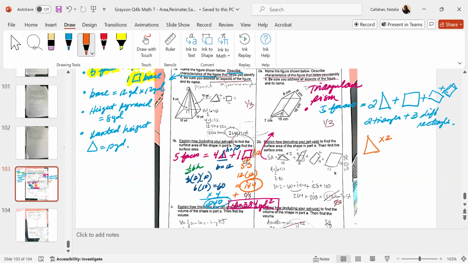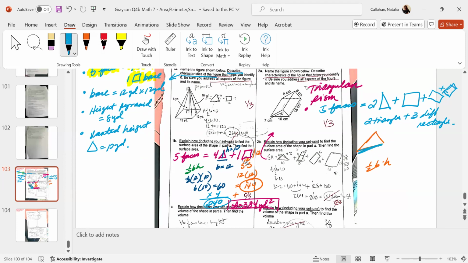Area is 1/2 base times height. How do you find what's the base? You can actually see this however way you want to see it. So I'm just going to draw it like that, which is what the picture shows, right?